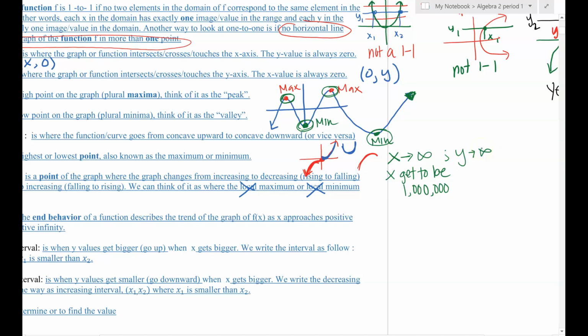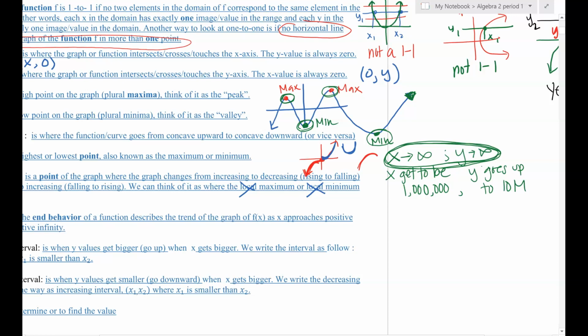Verbally, we say as x gets to be 1 million, y increases. Y goes up to, who knows, 1 million, 10 million. We don't know the exact number because the arrow indicates it just goes up. So this is how we say as x increases, or x goes to the right, y also increases.